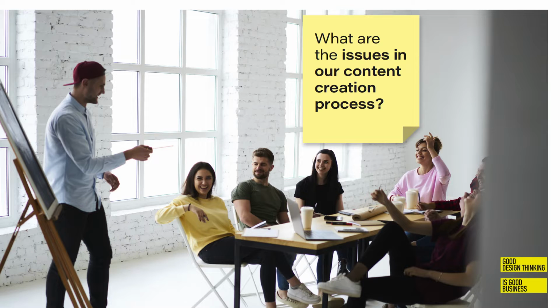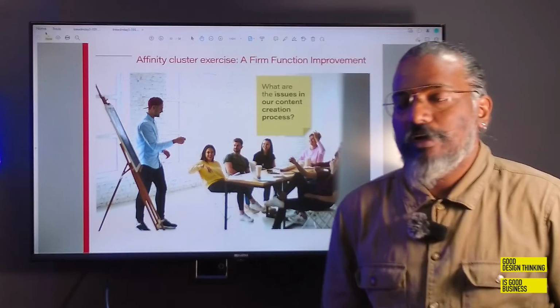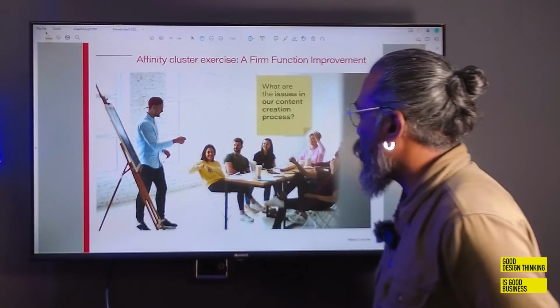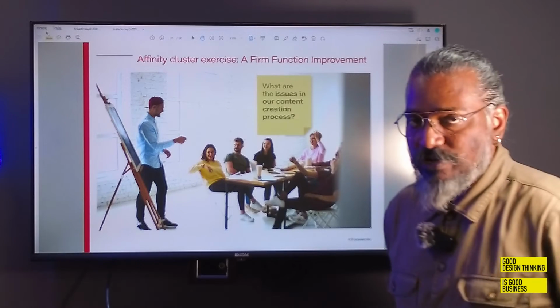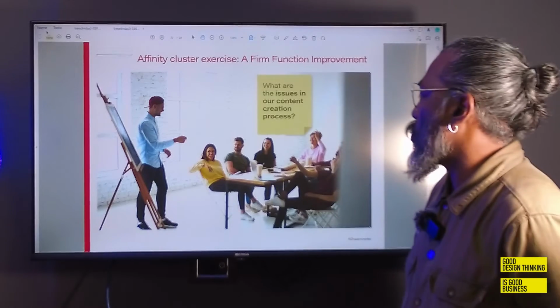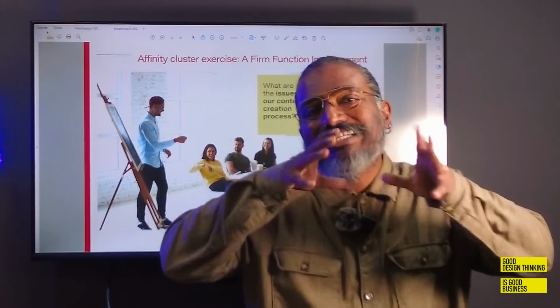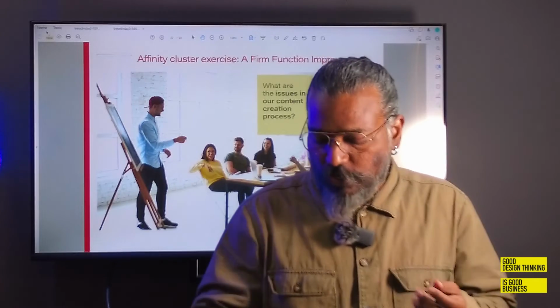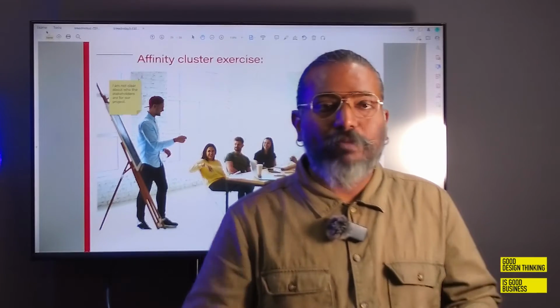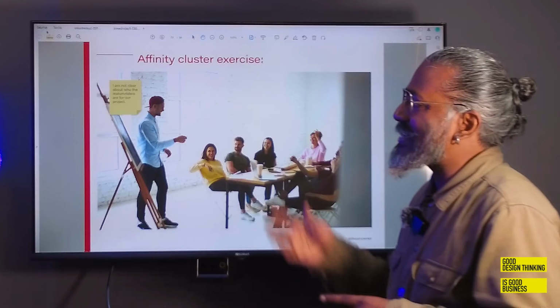Here's a brainstorming session where we discuss the issues in our content creation process. These people are part of a UI UX company, talking about their own organization's content creation process and the issues in it. Everybody is throwing out the issues they think exist.